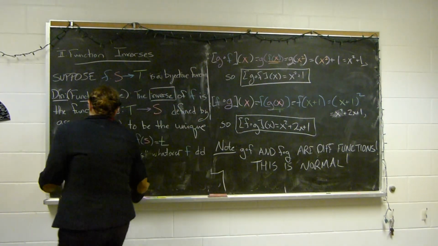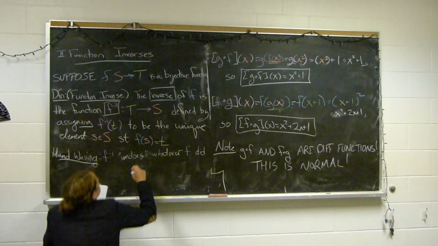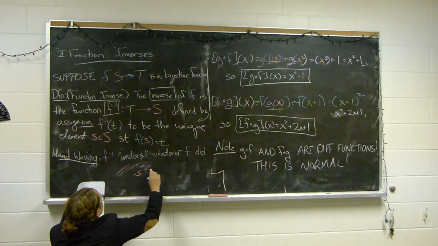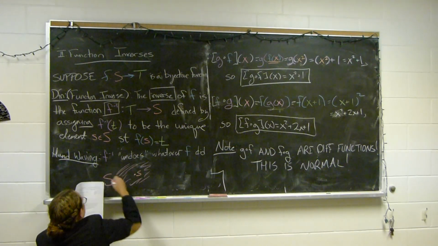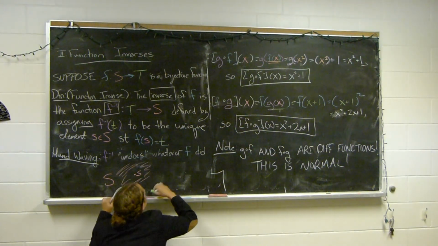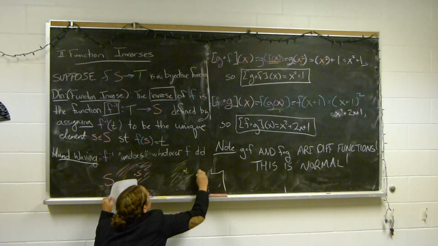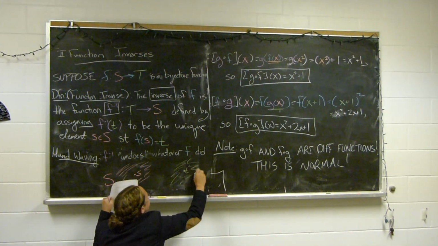Okay, so I get a picture like this. So I have a little s, and then this whole big thing. So this is my S here. And then over here, I have my T, living inside of my T, my green tea.